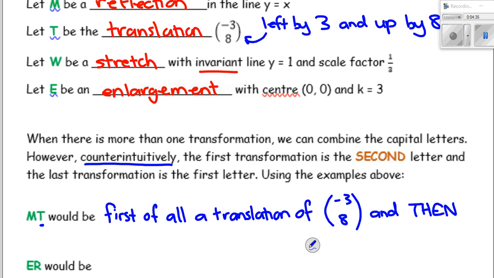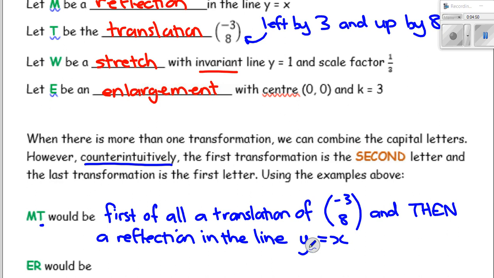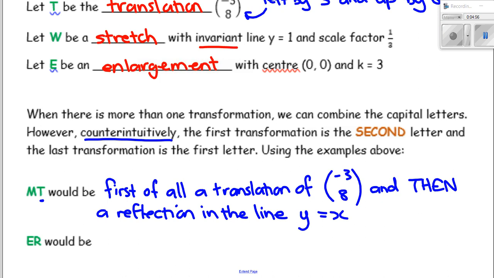A reflection in the line y equals x. That's what that would be. So that's what's counterintuitive: the second letter is the first transformation that occurs, and the first letter is the second transformation that occurs.